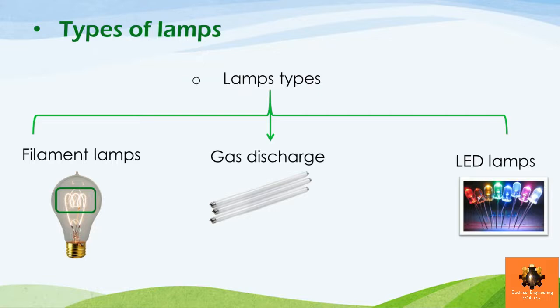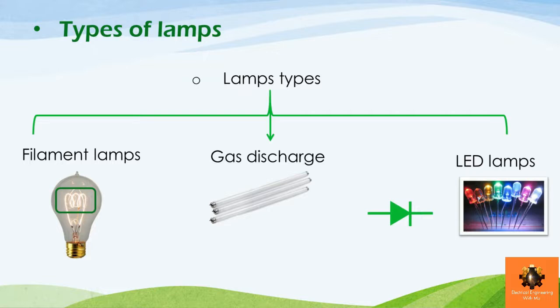And finally we have the LED lamps. They are a new technology of lamps that uses semiconducting material to produce the required light, as LED is the abbreviation of light emitting diode. That means the LED lamp is nothing but a special kind of diode used to produce the required light.